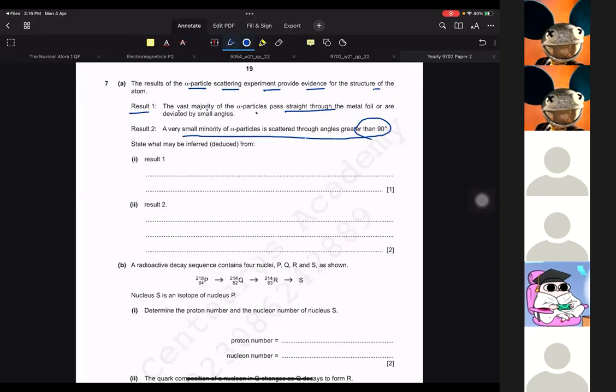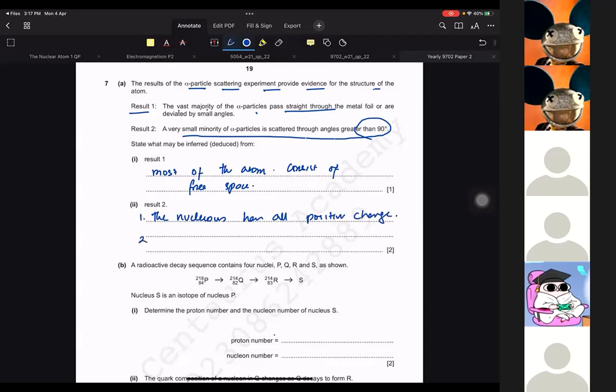So if this is something, just write. For the first one, I've written this, so you should now remember this. Most of the atom consists of free space. If you still haven't learned this, this is not fair, you know. And then in this part, you should always understand that the nucleus has all the positive charge for 1 mark.